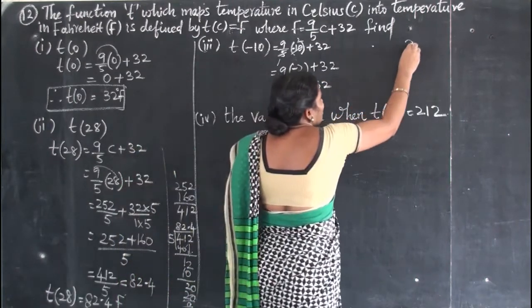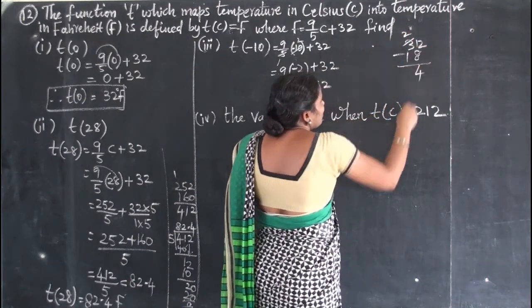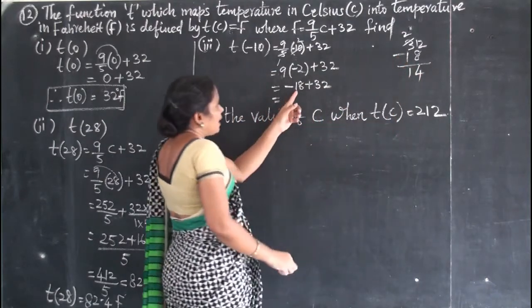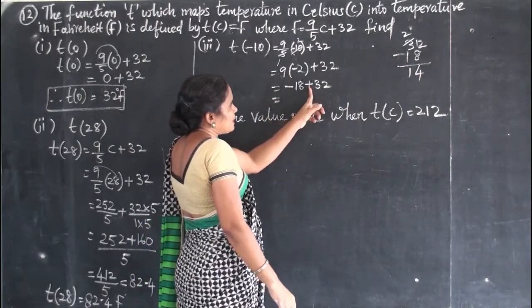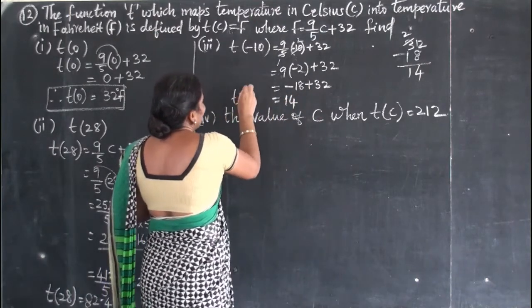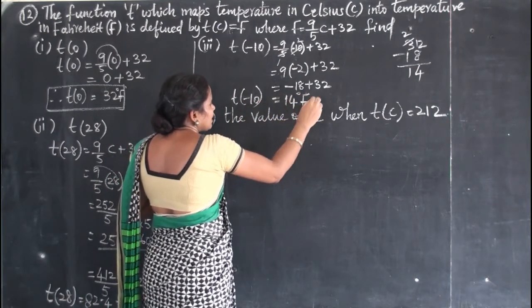Subtract 32 minus 18, so 14. Here the greater sign is plus, so write plus 14. So T of minus 10 is equal to 14 Fahrenheit.